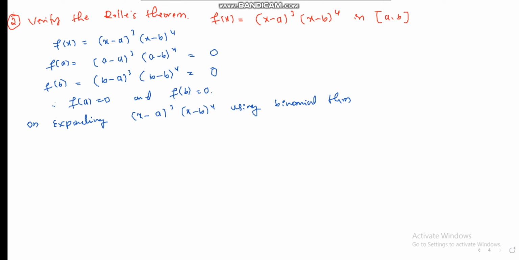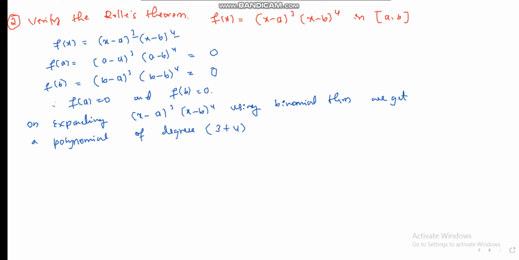We get a polynomial of degree... so what is the degree here? In the last example, m and n were there, that's why the degree was m plus n. But here, 3 and 4 are the powers, so we take 3 plus 4. 3 plus 4 is how much?